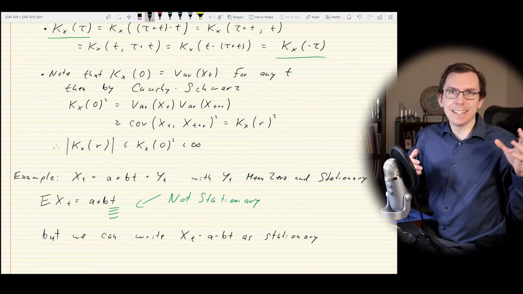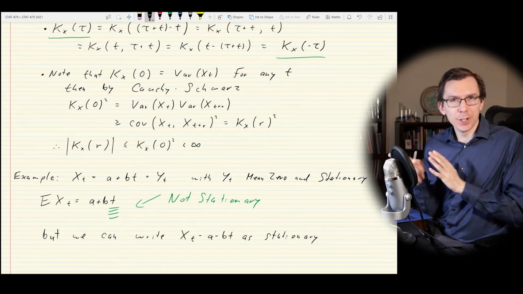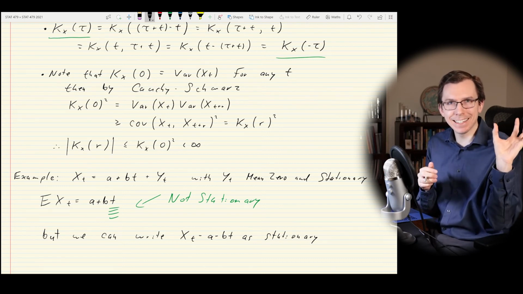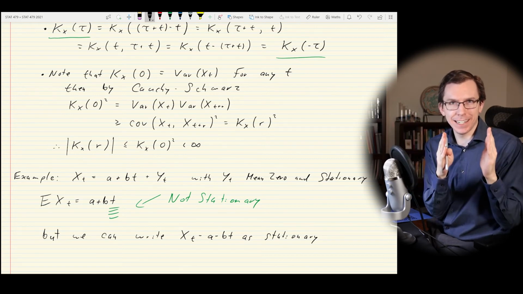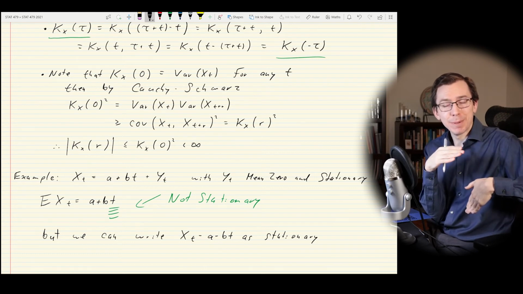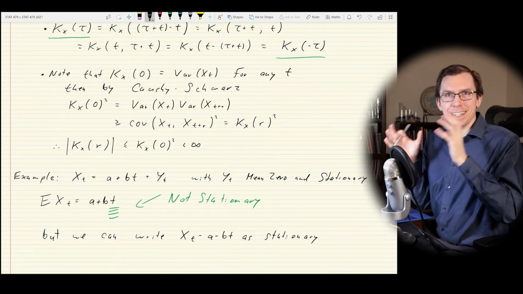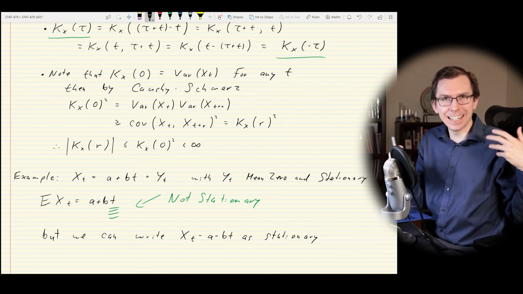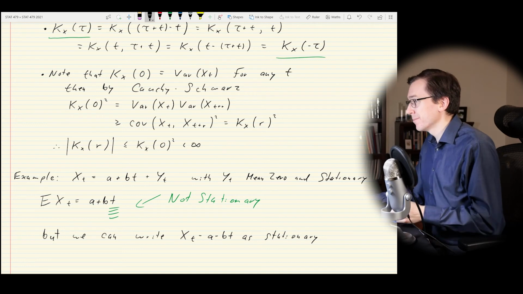The point is that we might observe xt in real data. Now, we don't know what y is. That's hidden in the data. But we can take xt and say, we have a stationary piece and a non-stationary, deterministic piece. If we remove the deterministic piece, what we're left with is just a stationary piece. And then we can do statistics on the stationary piece, right? That's the intuition that we're going to be looking for as we go forward in this course.